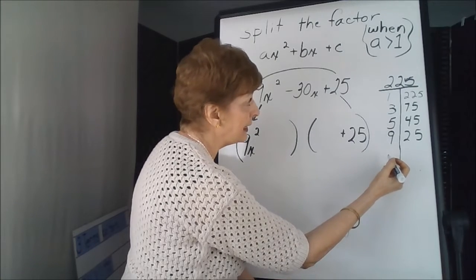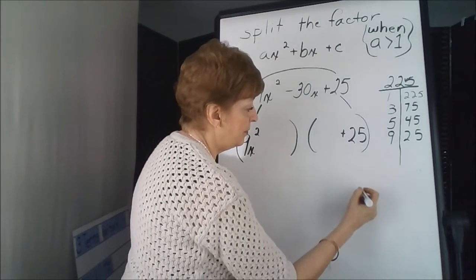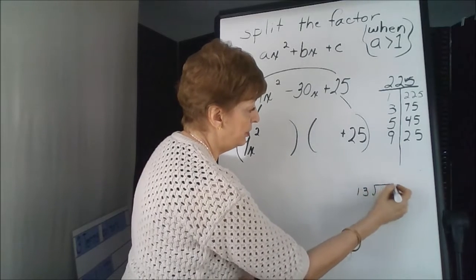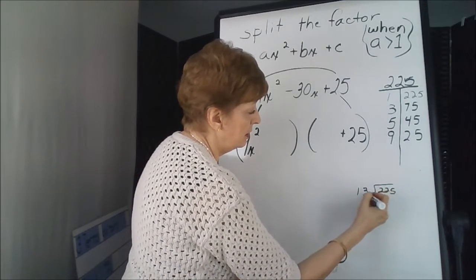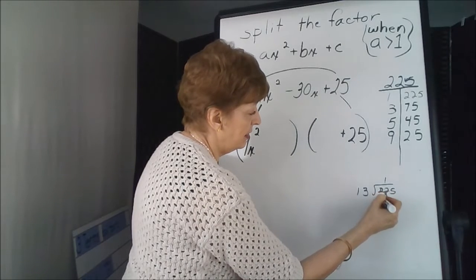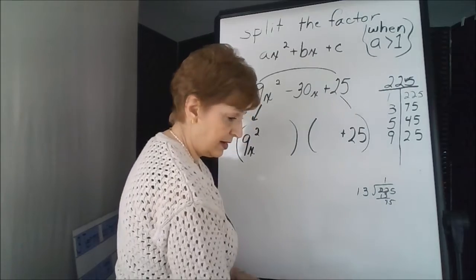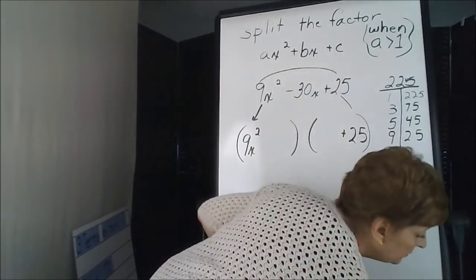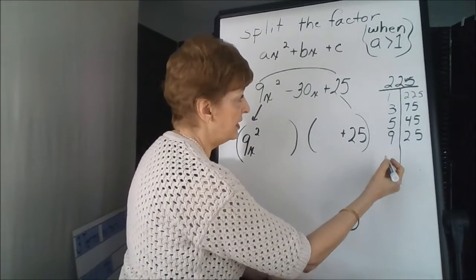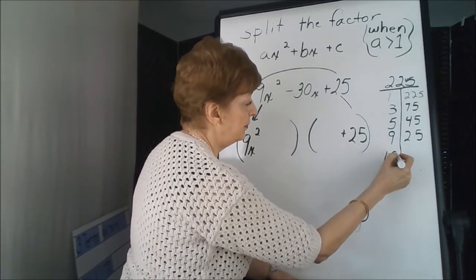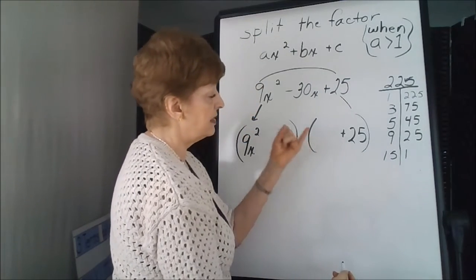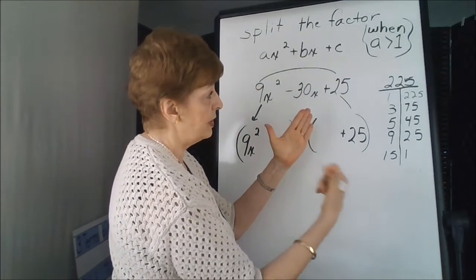13, unlikely. 13 divides into 22 once, that's 1s and 13, leaving 95. Nope, that's not going to work. 14 isn't going to work, it's even. 15 will. 15 divides into 22 once. 15, 16, 17, 18, 19, 20, 21, 22.